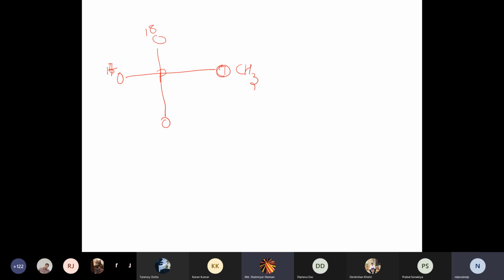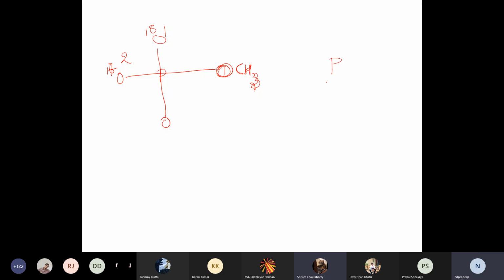OCH3, this is O, oxygen. Sir, O18 will be 1. O17 will be 2. Among these two, OCH3, then double bond O, because double bond will be first.